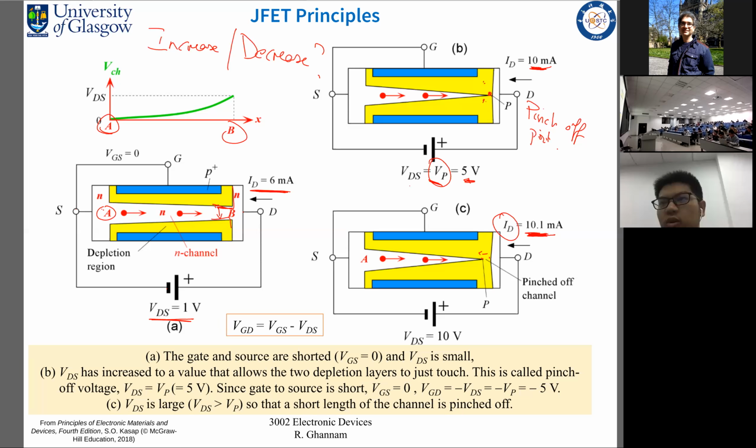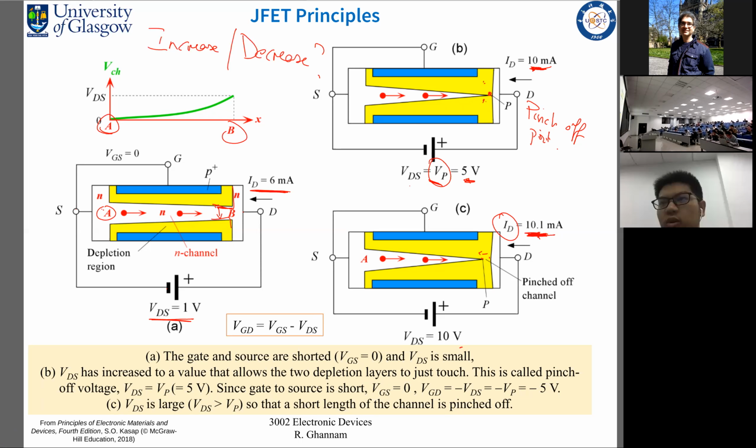Despite the fact that we've doubled the voltage from 5 volts to 10 volts, notice what happened to the drain current. It has increased from 10 milliamps to 10.1 milliamps. So there's been a very minor increase in the drain current beyond the pinch-off point.